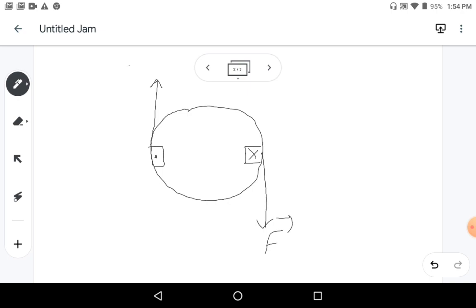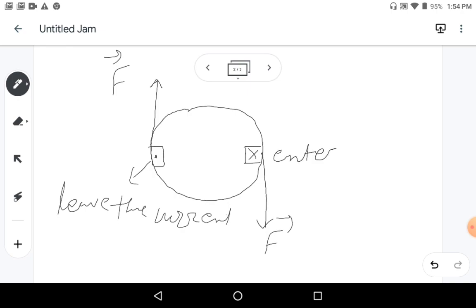This is F. Here the current leaves, here the current enters.